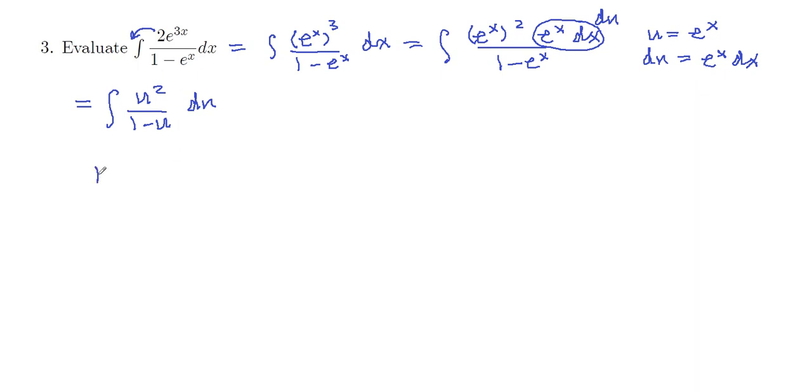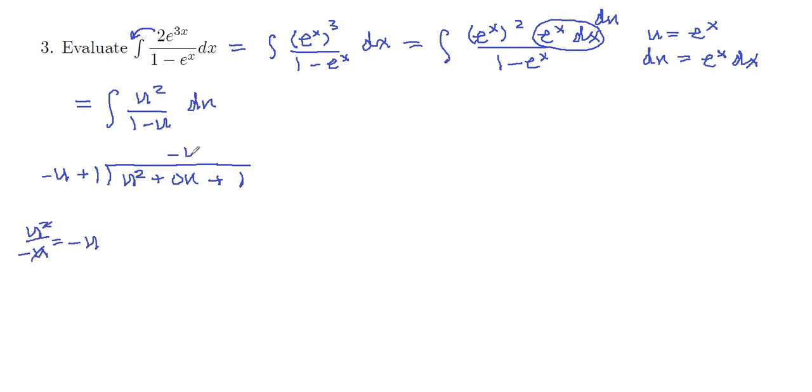So this will actually be negative u plus 1 and divide into u squared plus 0u plus 1. Then long division, you look at the leading coefficients there. So u squared divide by minus u. You get minus u.